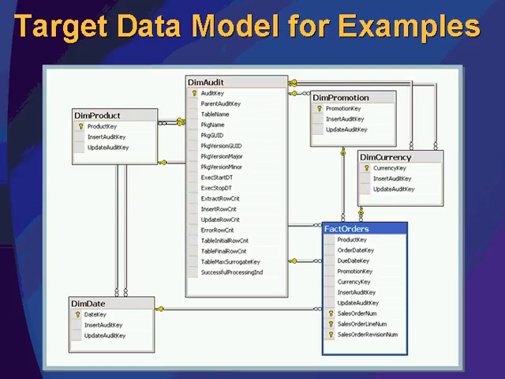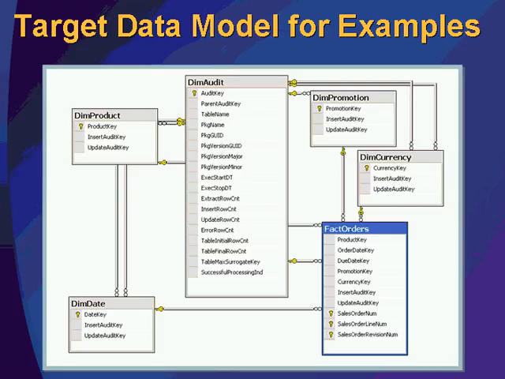We're coming to the end of our general discussion about Integration Services and ETL, and we're moving towards the demo phase of this presentation. Before we do that, I just want to quickly walk you through the data model for the examples that I'm going to be showing you. This is a very simplified version of the AdventureWorks data warehouse database that ships with SQL Server.